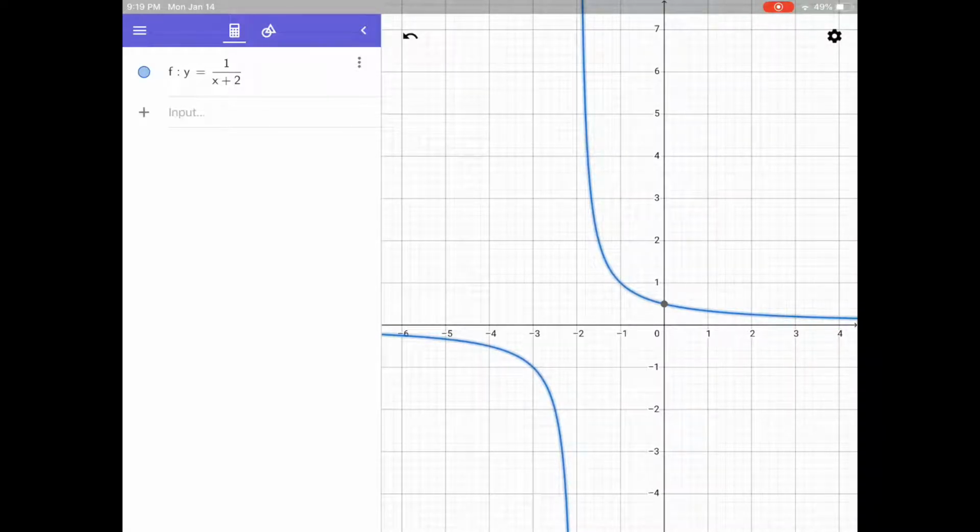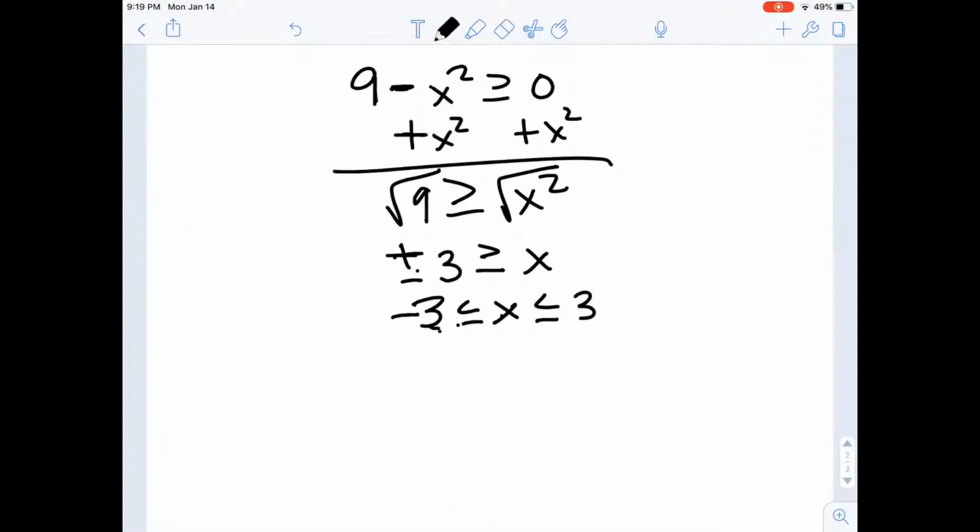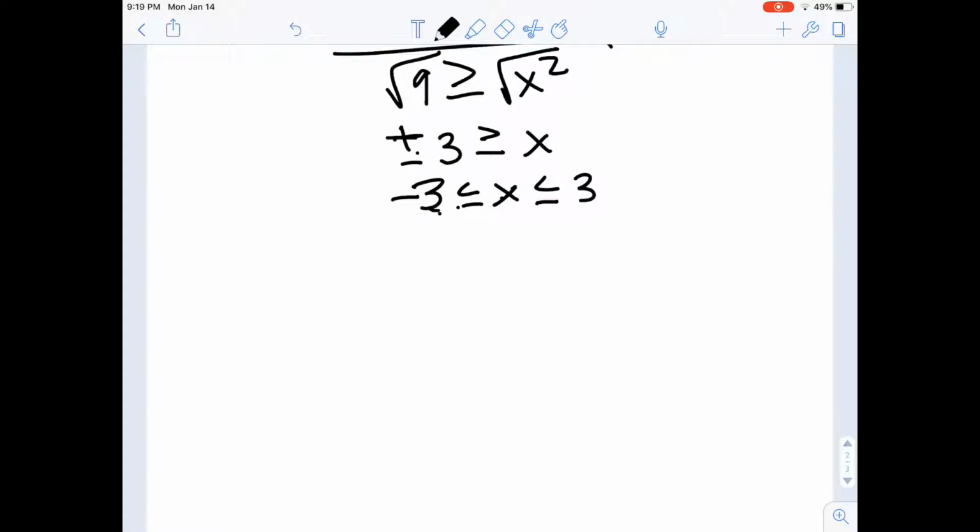We'll get into finding those later. But this is a type of problem that I would suggest solving algebraically. It's really easy. So you have y equals 1 over x plus 2.